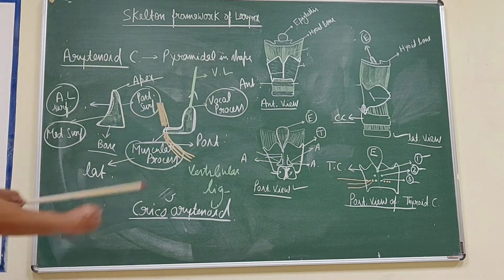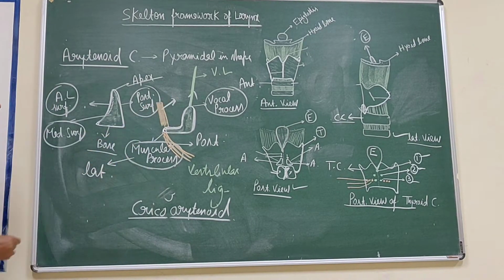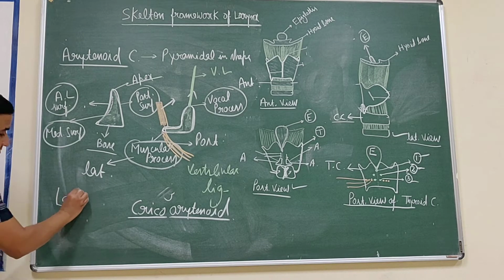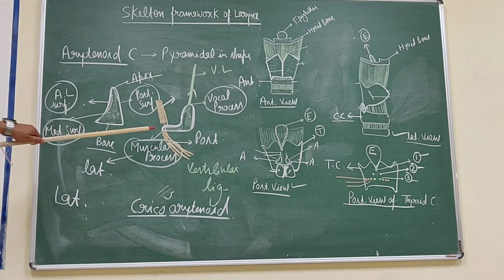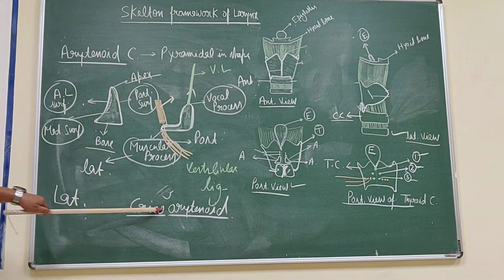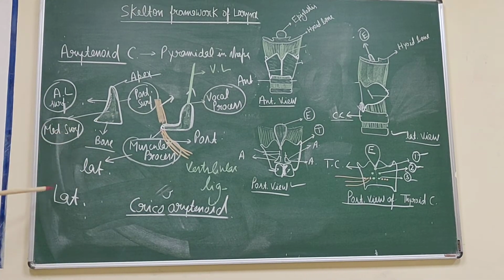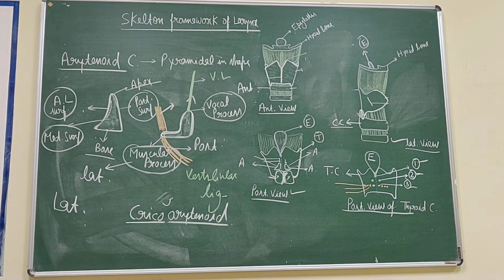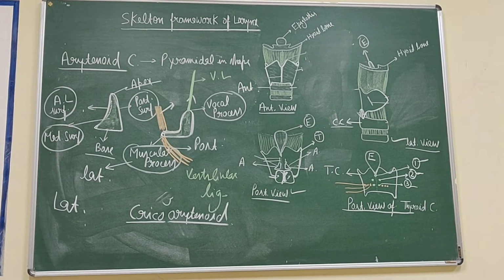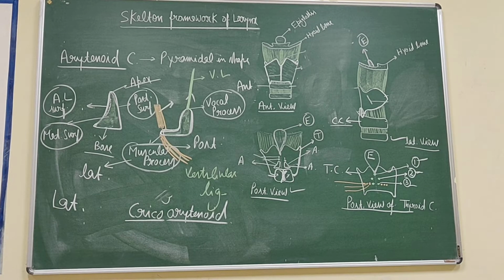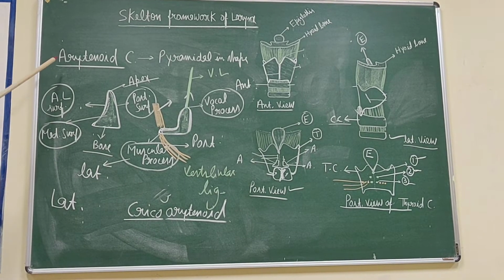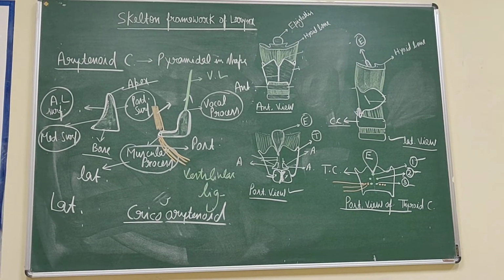While anteriorly, it is the lateral cricoarytenoid. These are the two important muscles attached on the muscular process of the arytenoid cartilage.